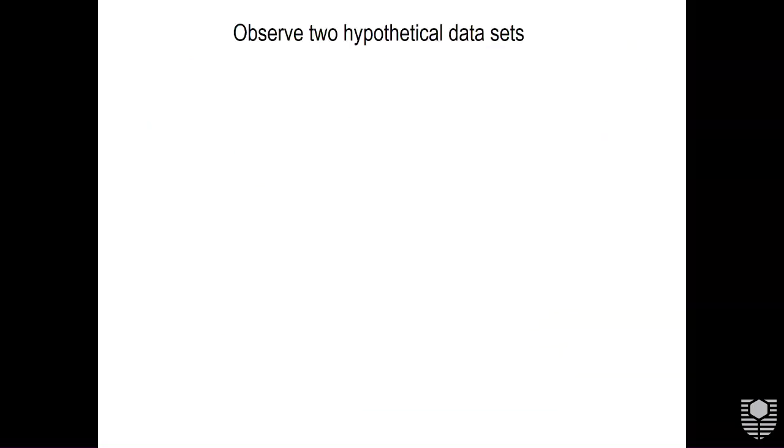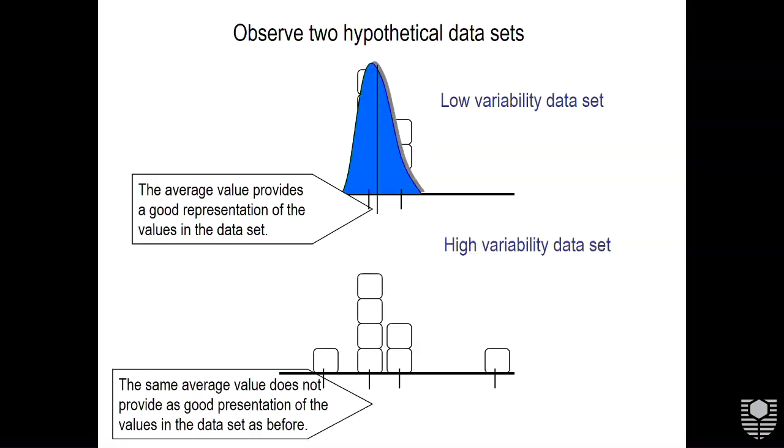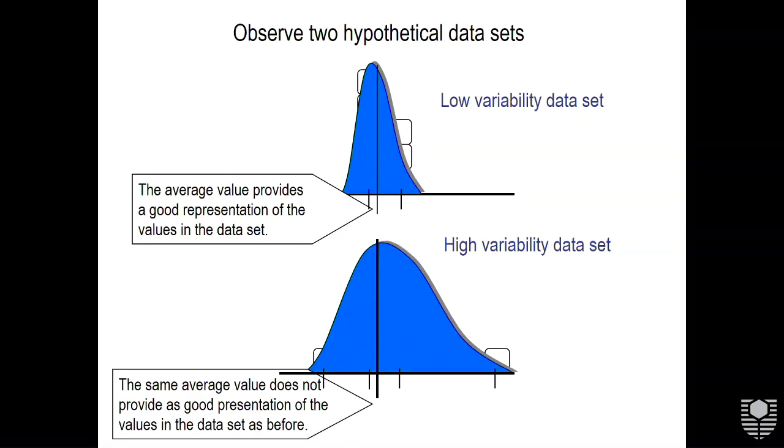A good example is using the histogram shape. See, a low variability data set means low risk, because the data is less spread around the mean. That is the mean here, right? So the data is less spread around the mean, less risky. The average is a good representative of the value of the data set.